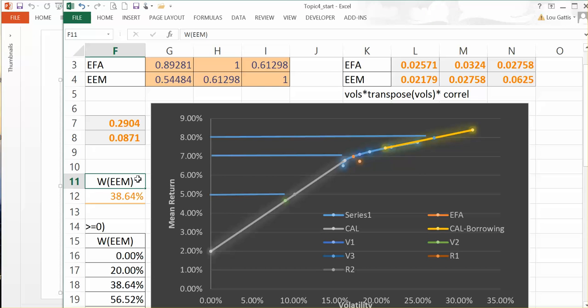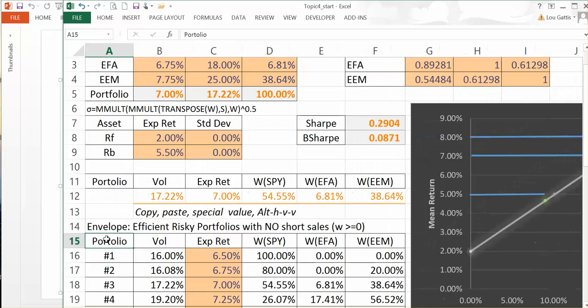Now for 8, it's going to combine this risky portfolio here, not the first one, and borrowing. So the formula is very similar.